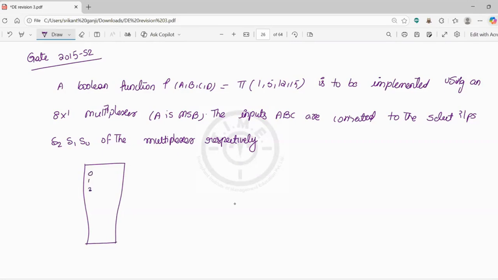Inputs 0, 1, 2, 3, 4, 5, 6, 7, with selects S0, S1, S2. This is A, B, C, and F of A, B, C, D. This is 0 to 7.